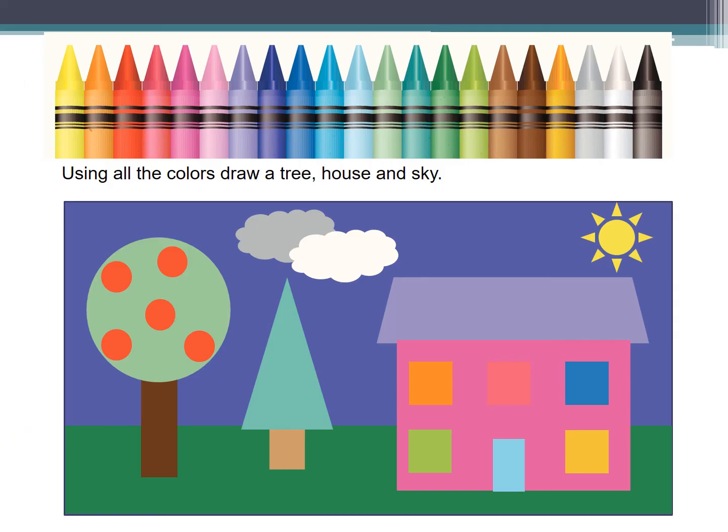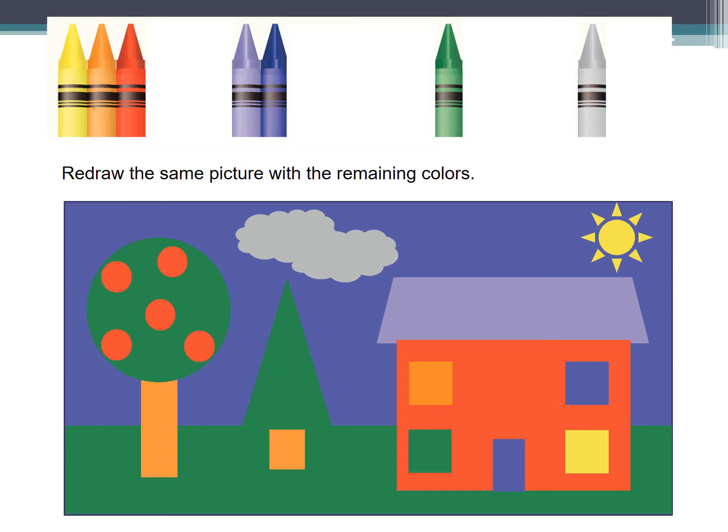Another, more abstract way to think about this is if I gave you a bunch of crayons and said, using all the crayons, draw a tree, a house, and a sky. Using this, you could put a lot of detail into your picture. You have a lot of choices, and you can draw a very nice image.